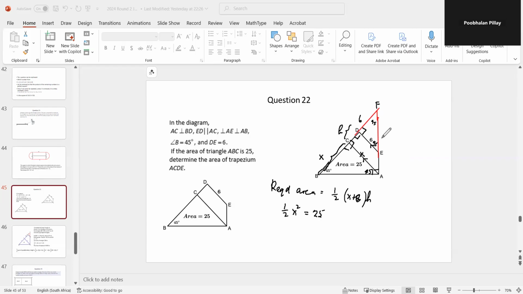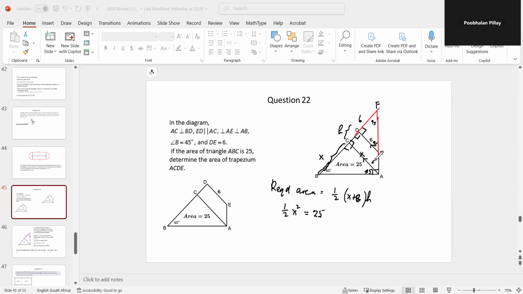Okay. Now, oh yeah, okay. So this, you see, this triangle is also isosceles here. There's another right angle triangle sitting here.